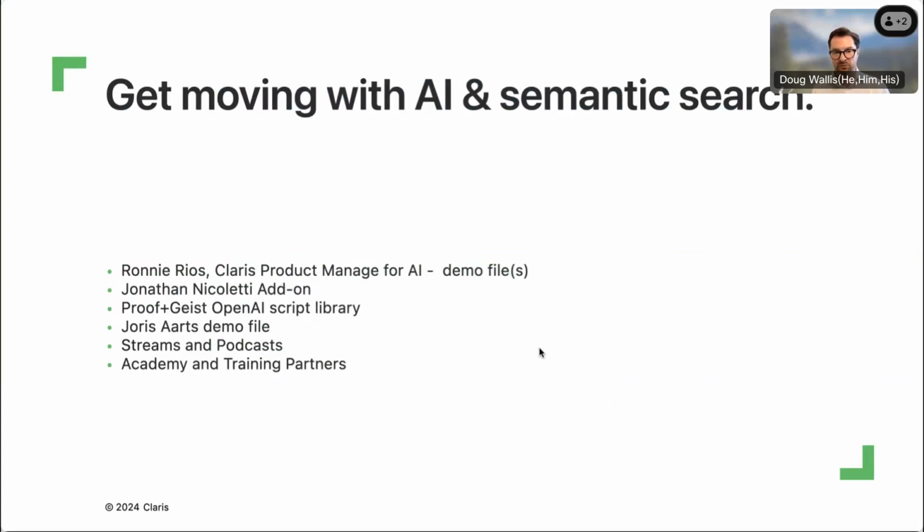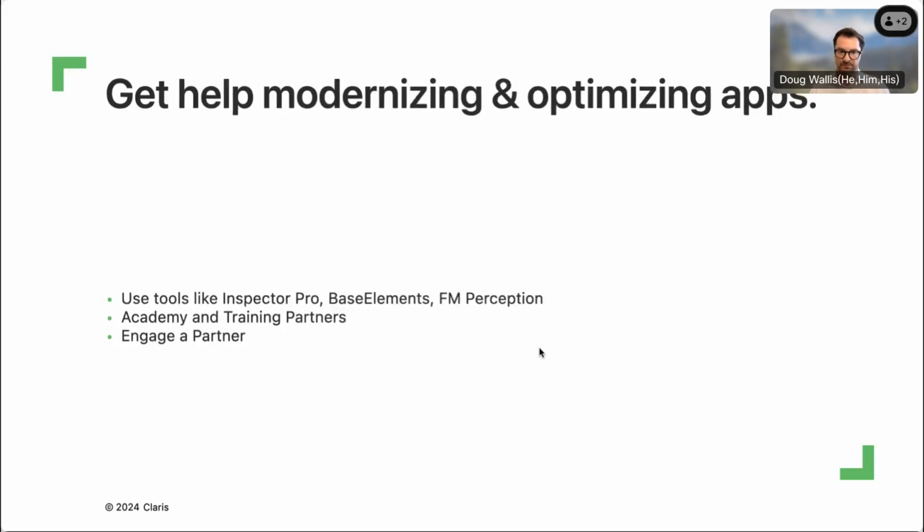We had Ronnie Rios doing a session at the keynote, and already Chris Hippolyte and Jennifer Nicoletti doing sessions on leveraging AI, with a few more to come. Many partners have created demo files, there are a lot of podcasts streaming across the world, and we're going to put content on our community academy as well. Partners can also help you leverage AI, specifically semantic search inside your solutions.